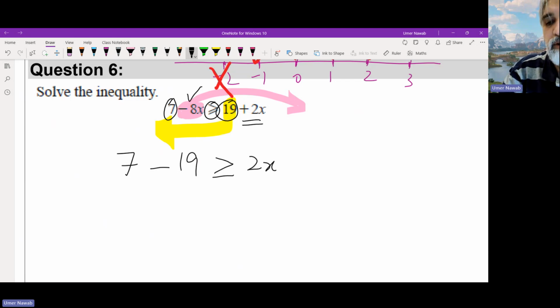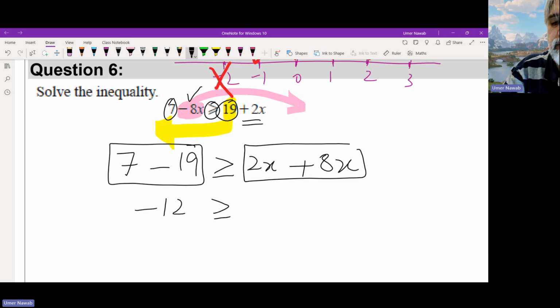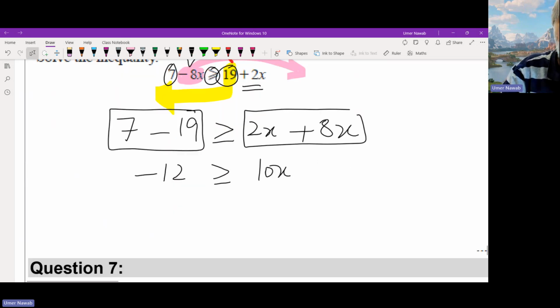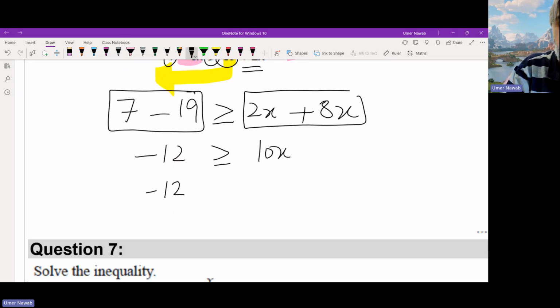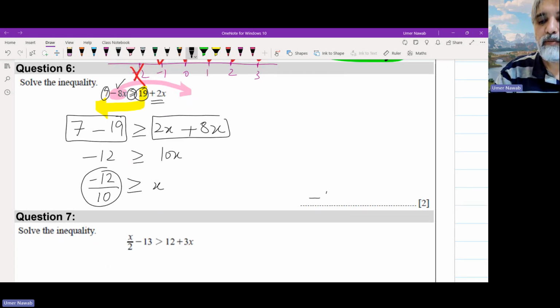Minus 8x will go to the right and changes to plus 8x. Now 7 minus 19 changes to minus 12, and 2x plus 8x changes to 10x, and now 10 goes to the other side. So minus 12 divided by 10 is greater than or equal to x, or in an easier way, I'm going to write minus 1.2 is greater than or equal to x. That's the final answer. I wrote it here.